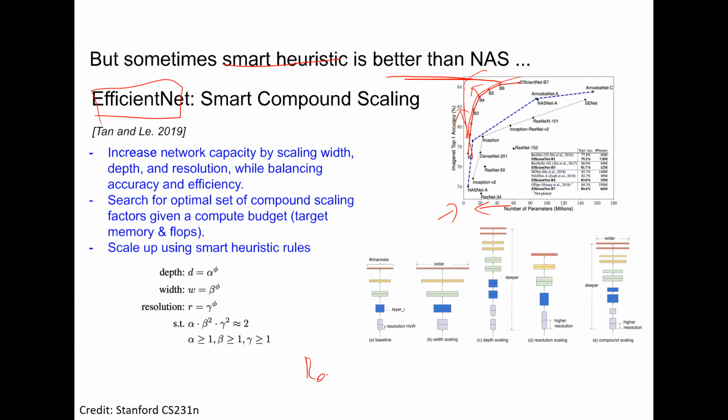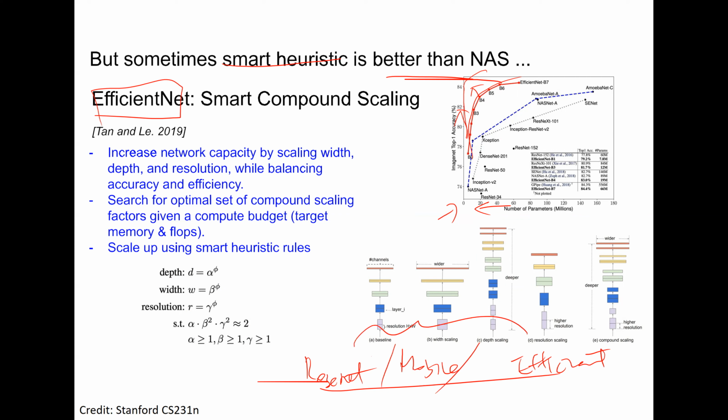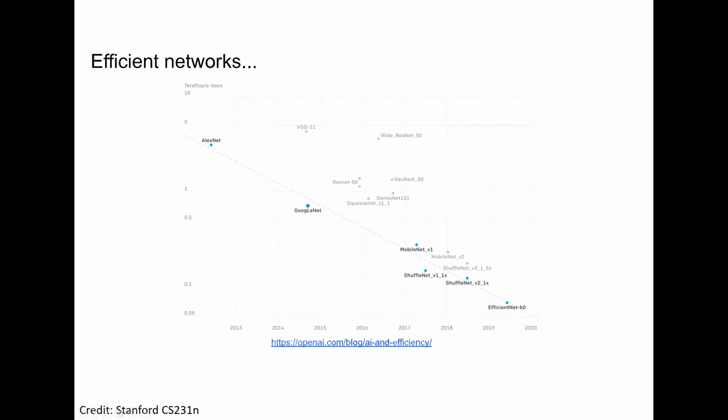People generally use ResNet, MobileNet, and EfficientNet. These are the baselines for any research. Starting from these networks, people add more modules or modify the architecture. Okay, this is the figure of where EfficientNet is.